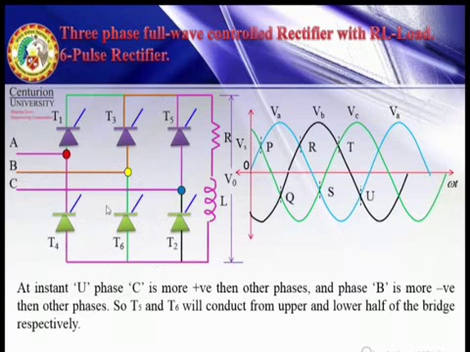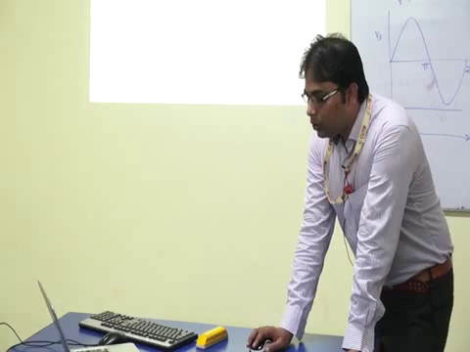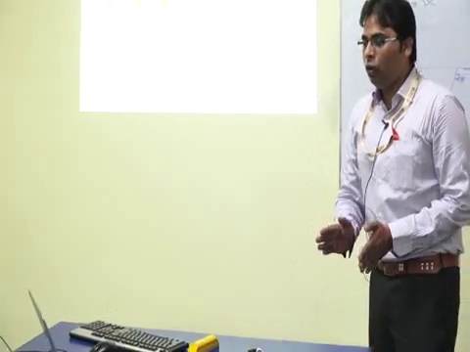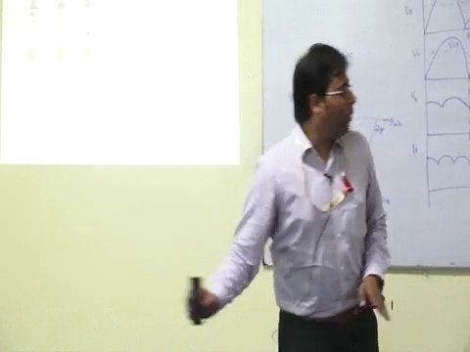T6. So during this instant, T5 and T6 will conduct. How the current will flow? From C, then T5, resistance, inductance and T6 back to B.